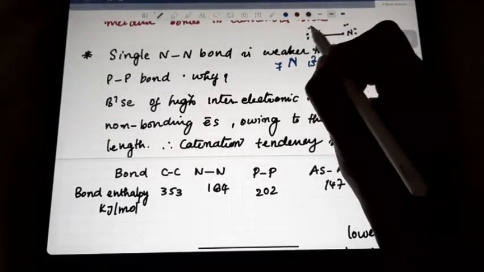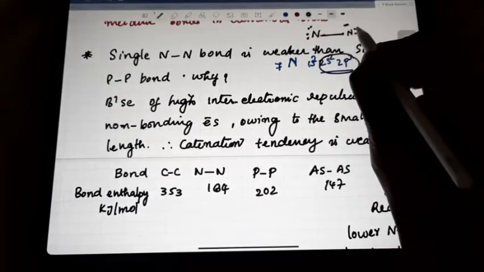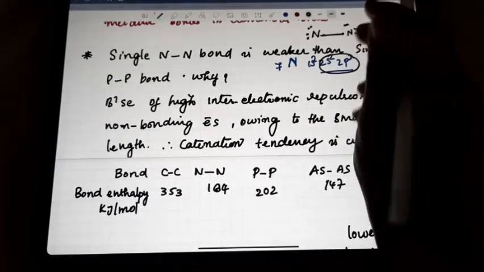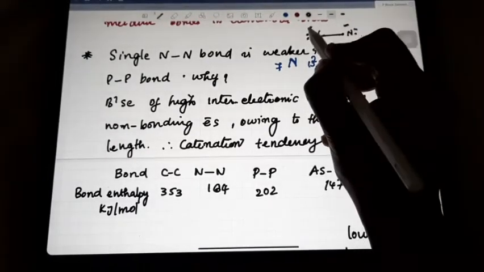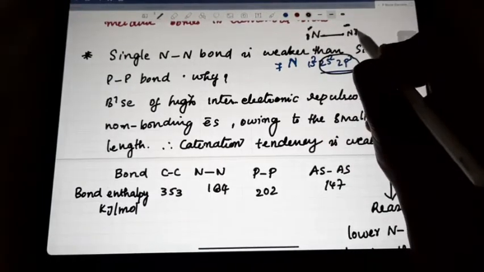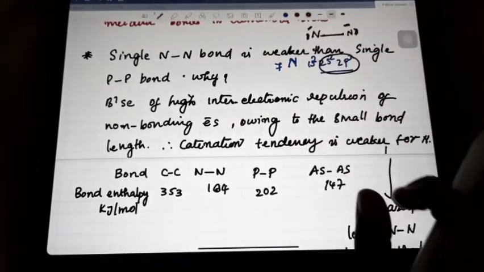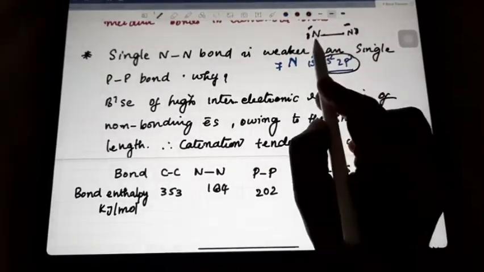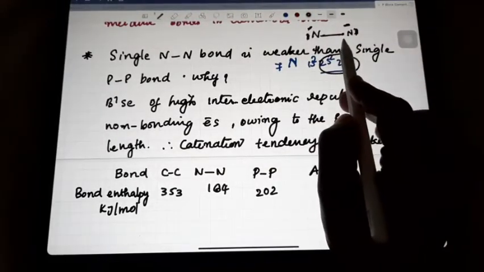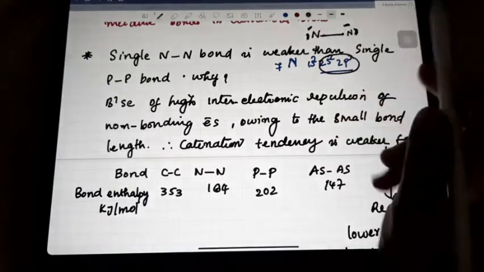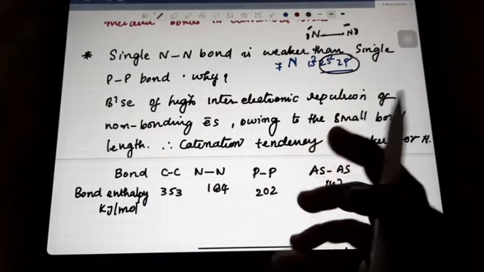Because of the presence of these non-bonding electron pairs, the interelectronic repulsion between them results in a smaller bond length, since they come closer. And due to this, the catenation tendency is weaker for nitrogen.